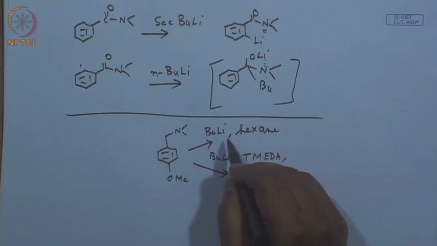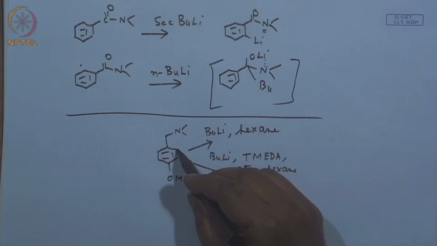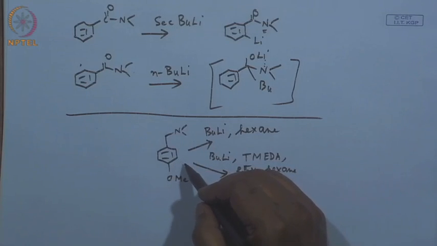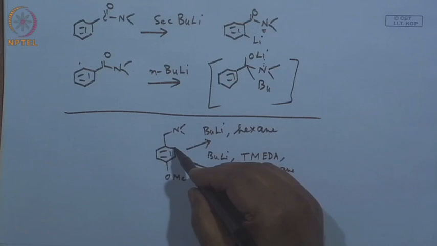What I said is non-coordinating. That means if the lithiation takes place alpha to this one or this one, then there is a propensity to undergo coordination. Now, if you look at this, if you lithiate here and lithiate here, which one would have better coordination? Nitrogen or oxygen? Nitrogen, obviously.